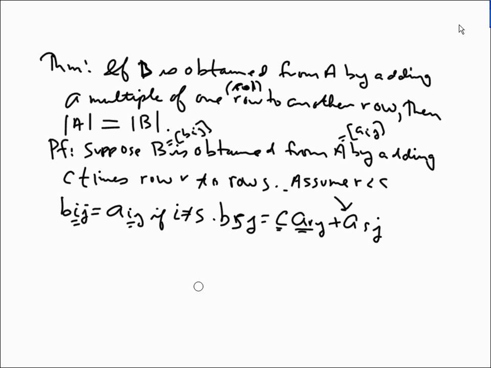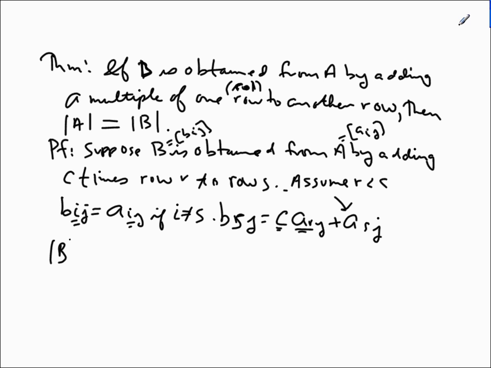So we go back to the definition and we work out everything. What is the determinant of B equal to? The first thing you should do is write down the definition using BIJs, and then you convert those B's to A's.